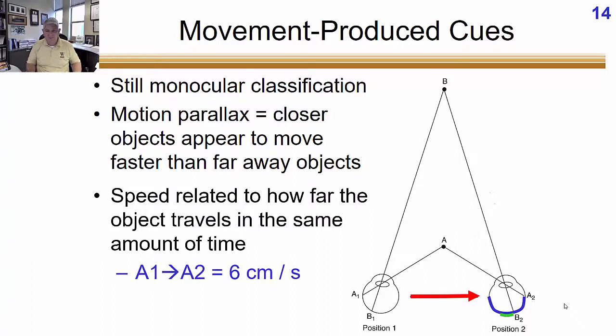So here, from A1 to A2 is 6 centimeters in 1 second, B1 to B2 is only 2 centimeters in the same amount of time, in 1 second, right? So object A appears to be moving 3 times as fast as object B.